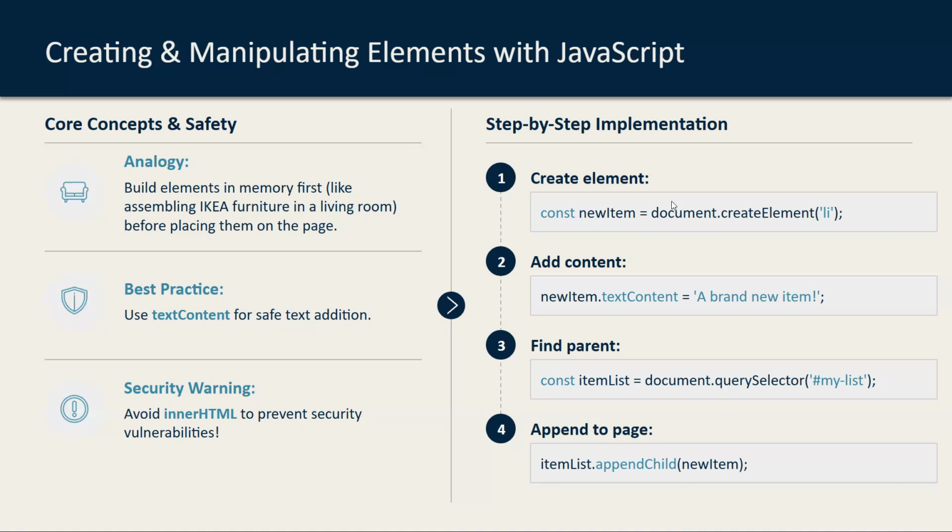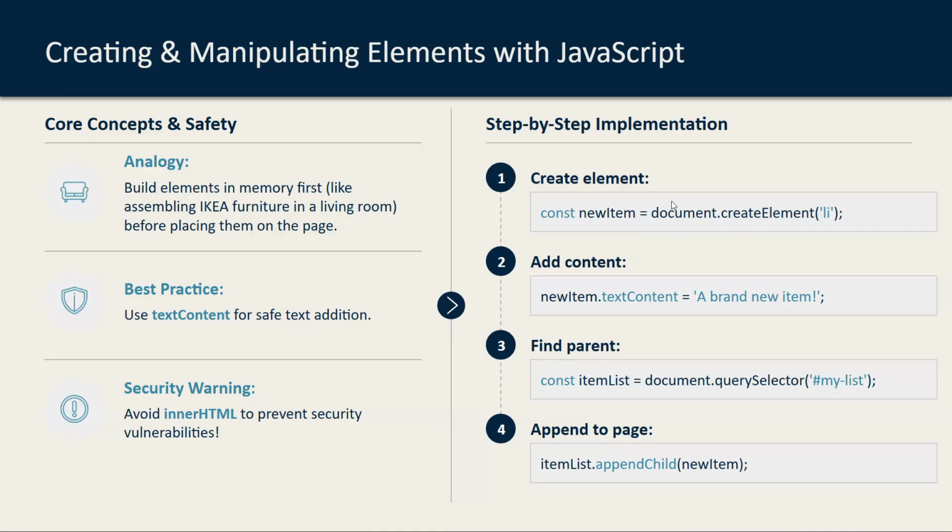Whenever we want to create a new element, we use the createElement method. Once that element is created, it gives us the element in memory, but it still does not appear on the page yet.